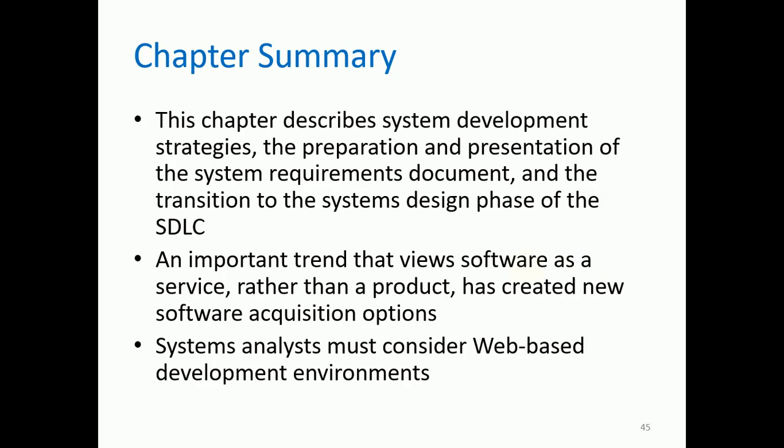So for the chapter summary, this chapter describes systems development strategies, the preparation and presentation of the system requirements document, and the transition to the systems design phase of the SDLC. An important trend that views software as a service rather than a product has created new software acquisition options. Systems analysts must consider web-based development environments.